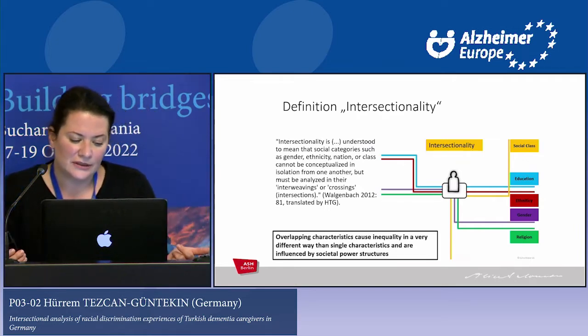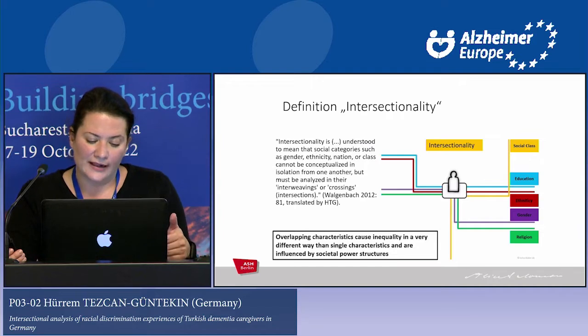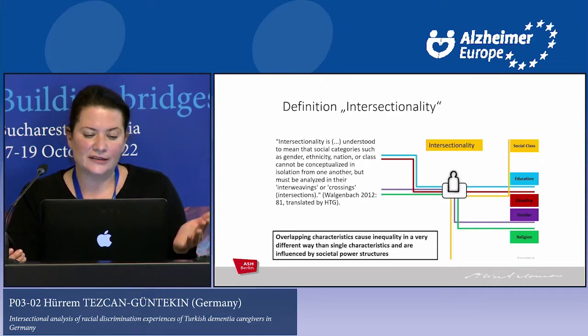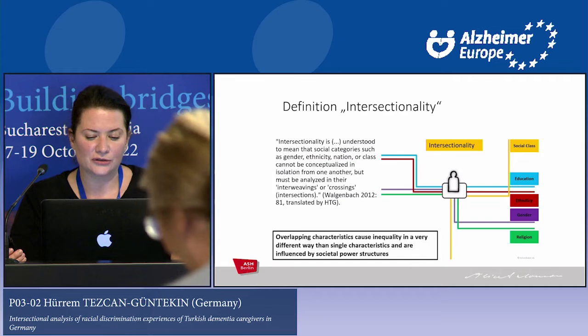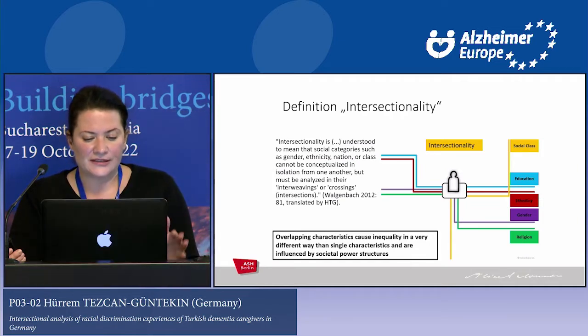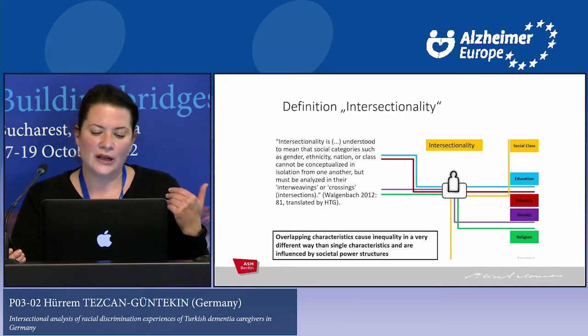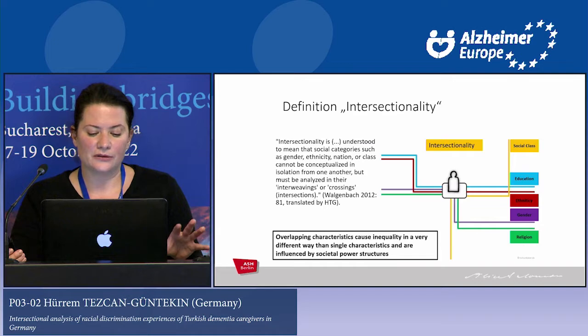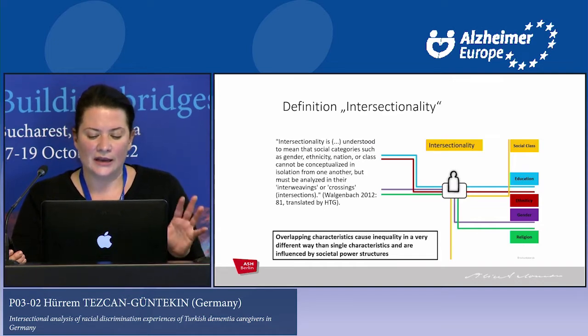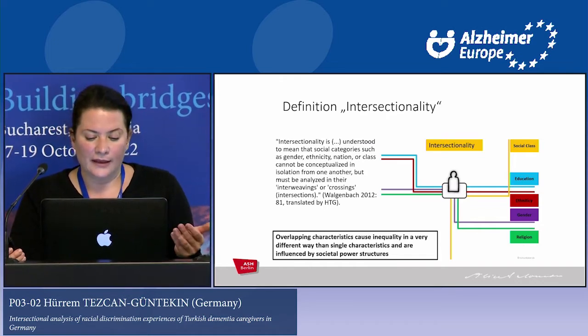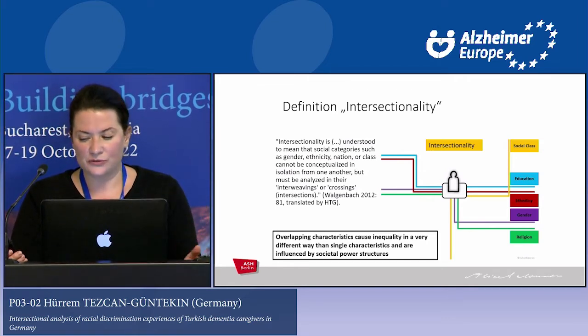One possible definition, by Walgenbach, is that intersectionality is understood to mean that social categories such as gender, ethnicity, nation, or class cannot be conceptualized in isolation from one another, but must be analyzed in their interweavings or crossings, intersections. And it's very important to understand that these overlapping characteristics cause inequality in a very different way than single characteristics and are influenced by societal power structures.